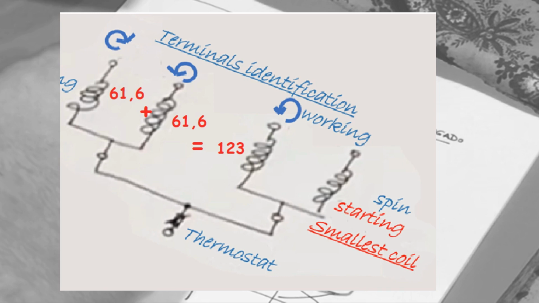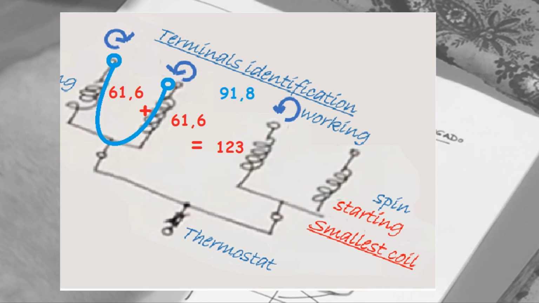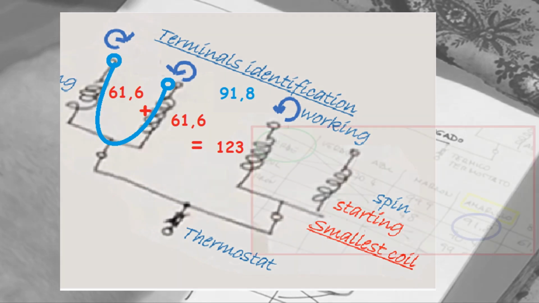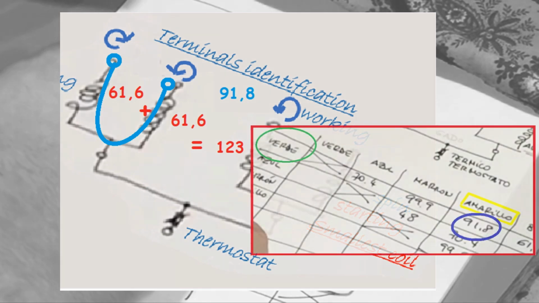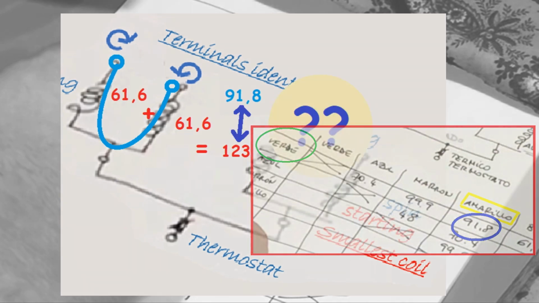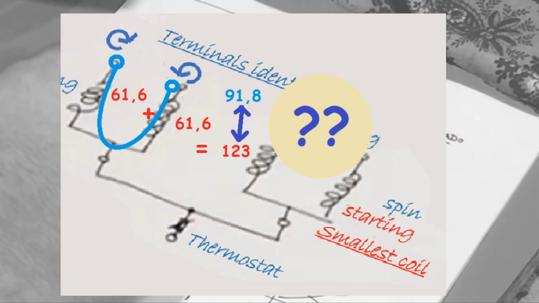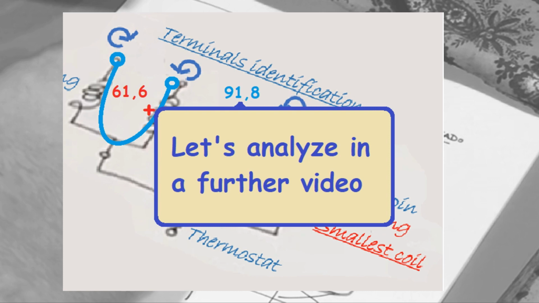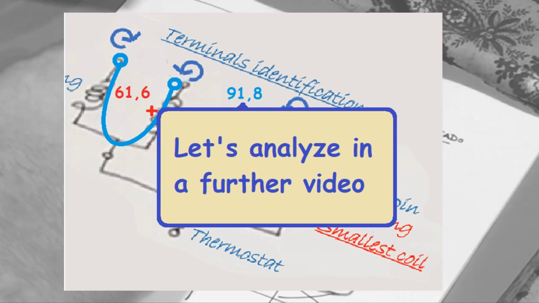But amazingly, the measurement that we have taken between these two terminals is not 123, but 91.8. Something is wrong. Let's analyze in a further video what's happening, and I'm sure that you will have a big surprise.